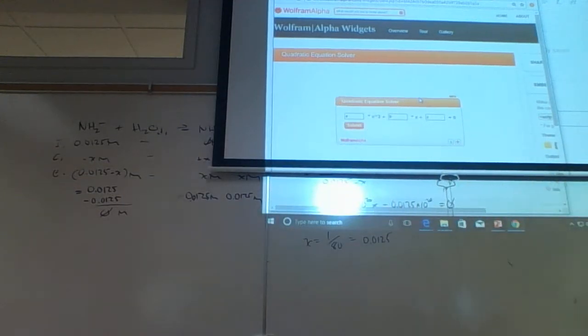Well, we might as well just use Wolfram to do this for us. So let's go ahead and plug in A. A is 1. B is 1 times 10 to the 20th. And then C is, I'll just leave it, 0.0125, so I'm not even going to move the decimal, times 10 to the 20th.